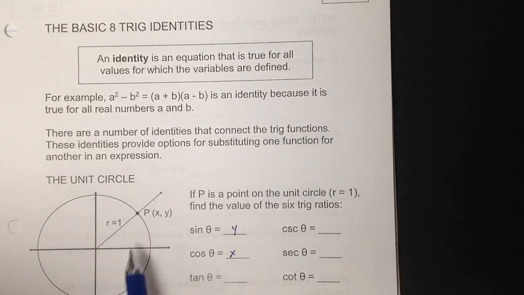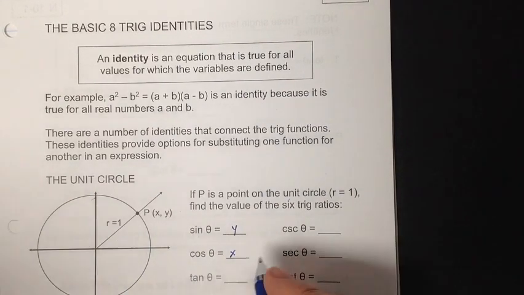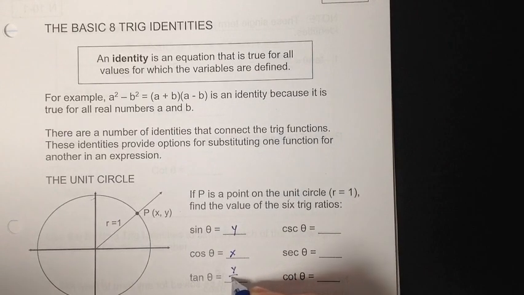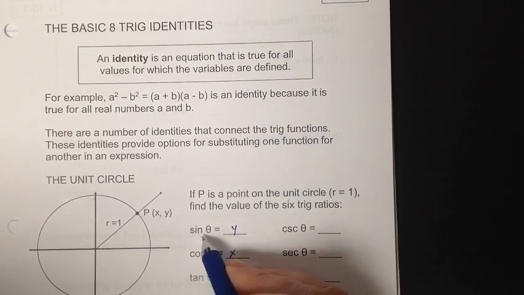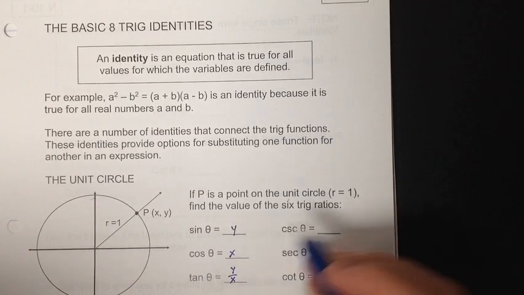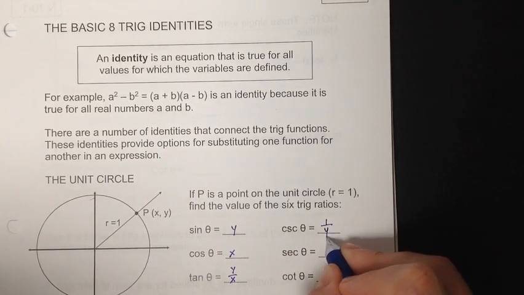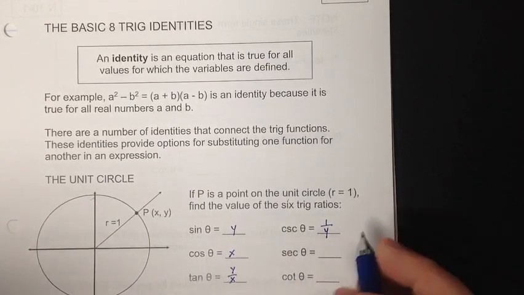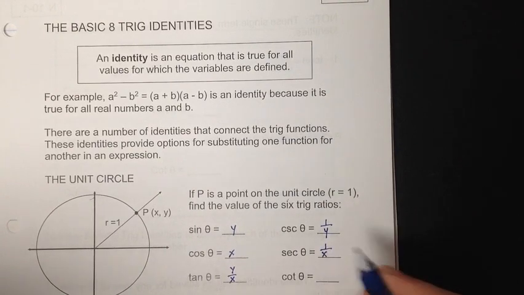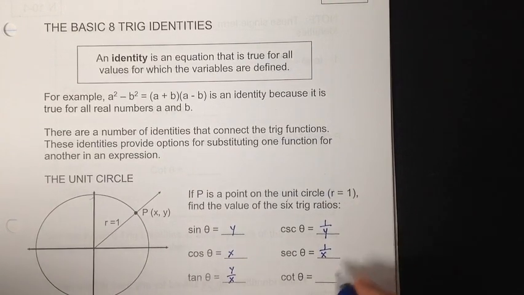Tangent is y over x. All right? Cosecant, reciprocal of sine, and so the reciprocal of y is 1 over y. Secant, the reciprocal of cosine, 1 over x. Cotangent, reciprocal of tangent, that's going to be x over y.